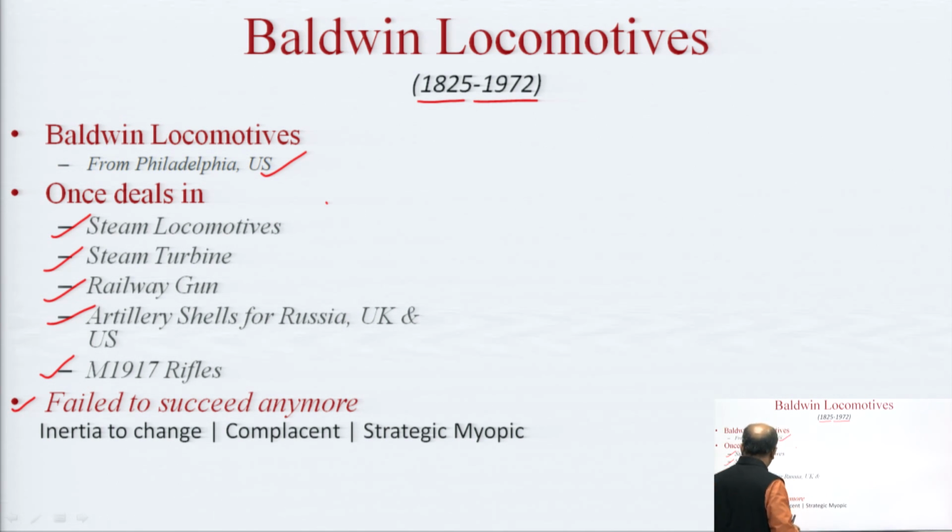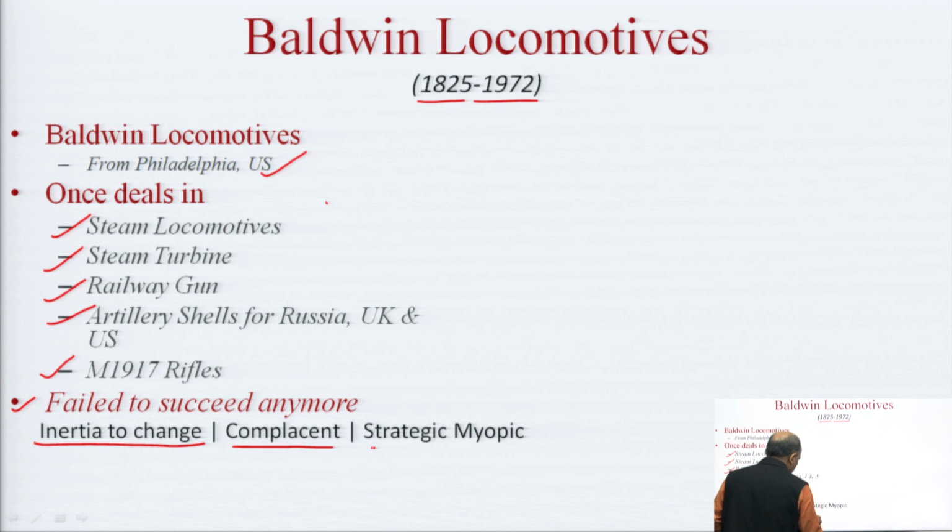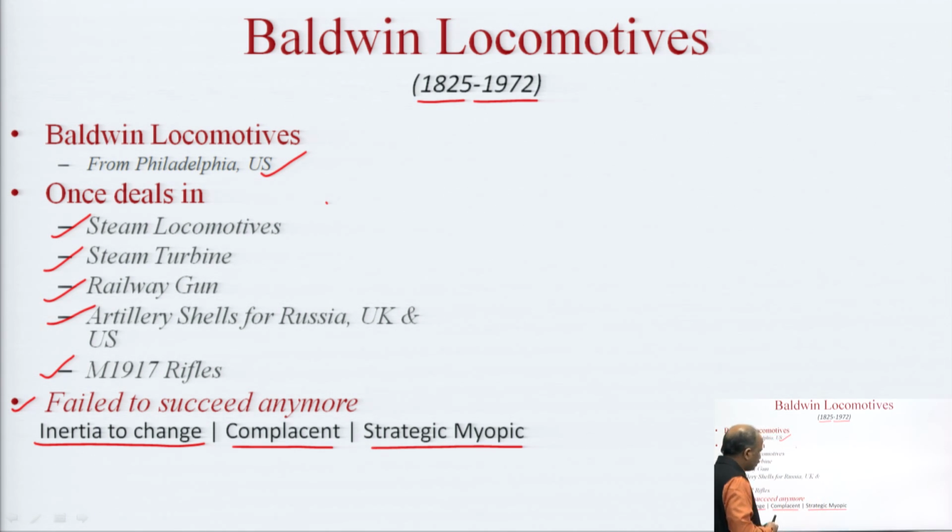The reason for their failure can be tracked to three important strategic reasons. One, inertia to change. During this time period, steam was used as a source of energy and most of the locomotives or engines were steam based.